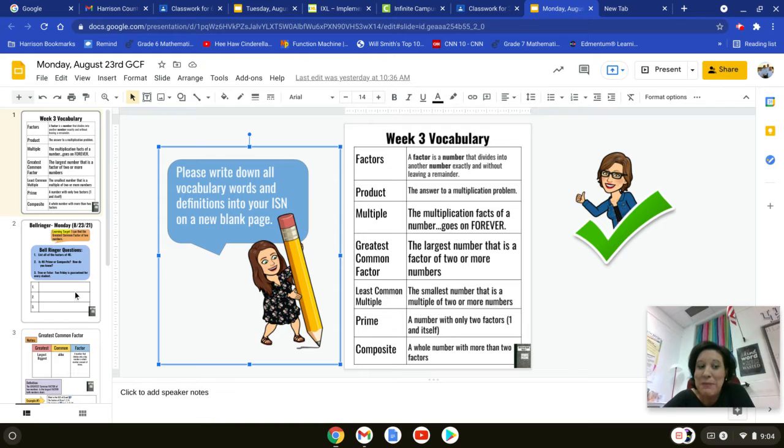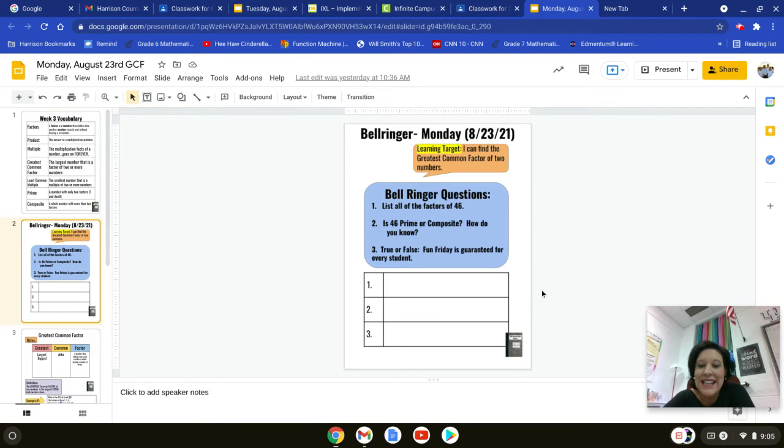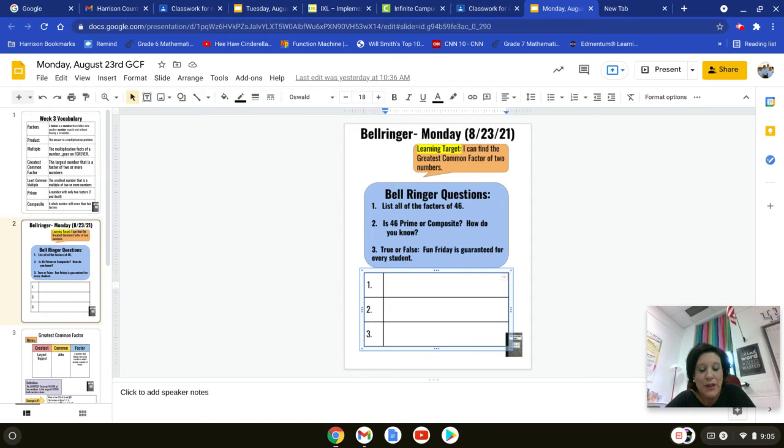So let's go on to today's bell ringer. It says, list all the factors of 46. So remember, we start with our broadest pair. So 1 and 46, 2 and 23. Because we have 2 prime numbers in the same factor pair row, we know we found them all. But 46 itself is composite.